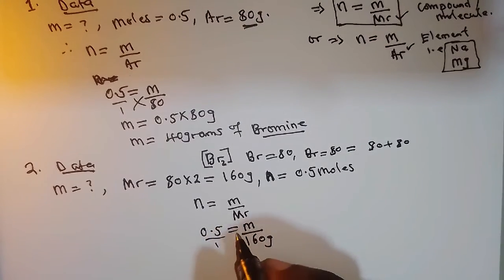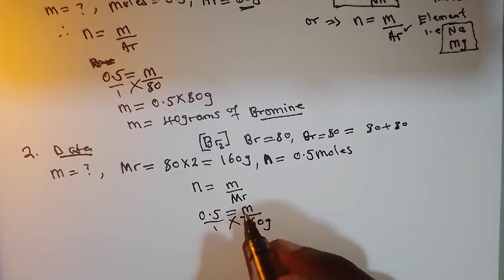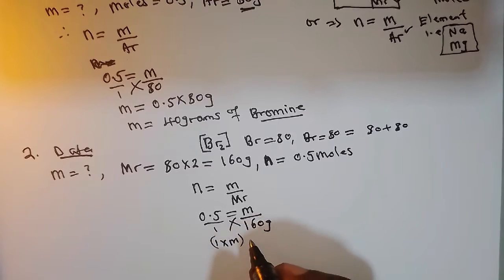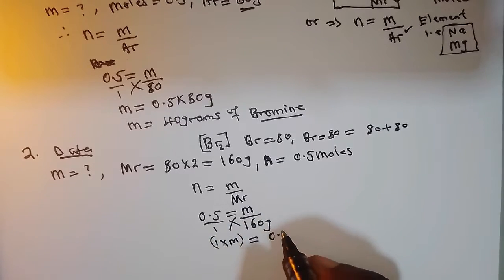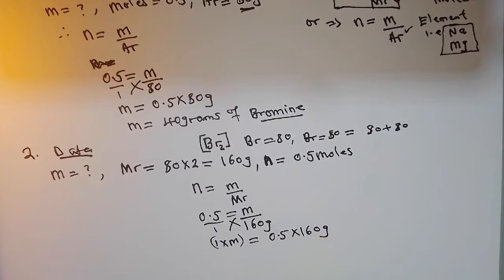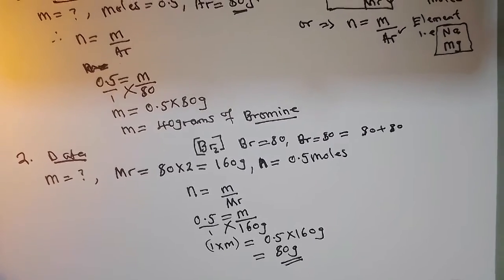Just put over 1 and then you cross multiply. So it's 1 times m equals 0.5 multiplied by 160 grams, and this will just give us 80 grams.